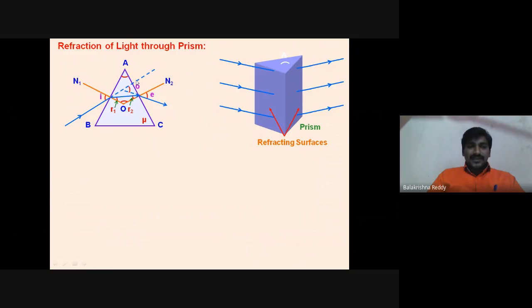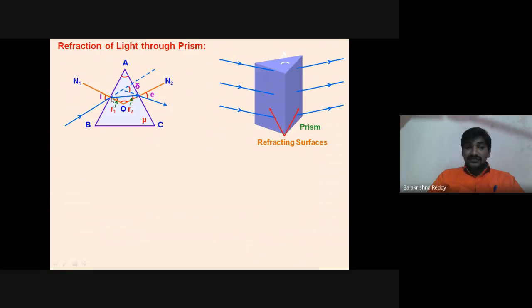What is deviation, sir? What is the meaning of the word deviation? Deviation is nothing but changing the path of light from its original path. Usually, the light ray is supposed to go like this. Since we have placed a prism here, due to the prism the light ray bends towards the base and emerges out like this.